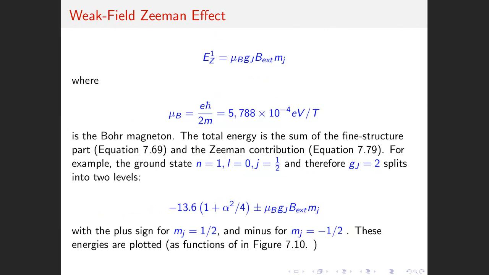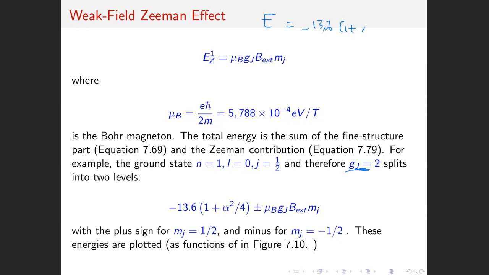So this means that you end up with two sets of energies. It's minus 13.6, times 1 plus. Don't worry about the g factor; in the next example I will calculate it for these types of states.